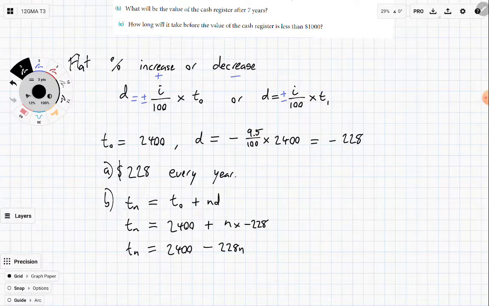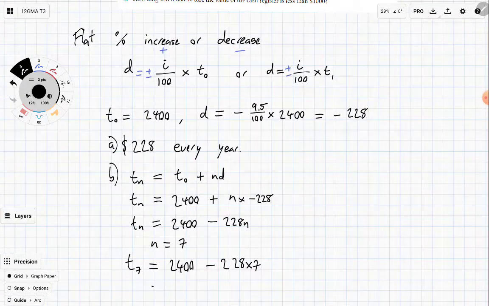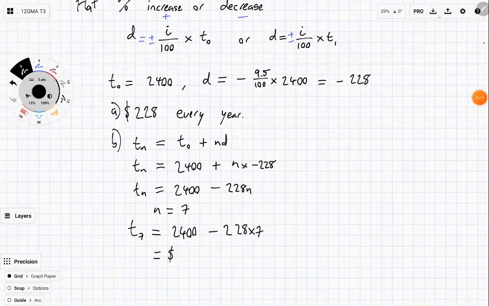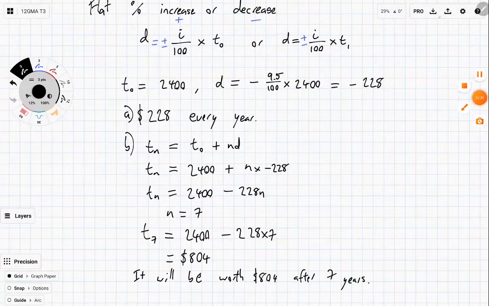And we're interested in N equals 7 after 7 years. So T7 is then equal to 2,400 minus 228 times 7. And that's going to tell us how much it's worth, which leaves us with $804. So it'll be worth $804 after 7 years.